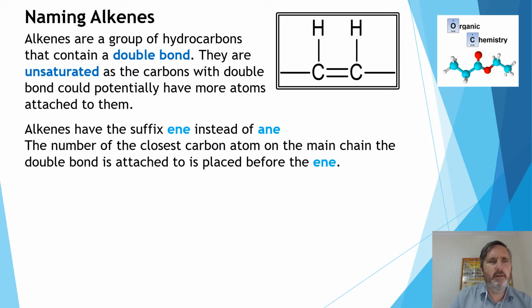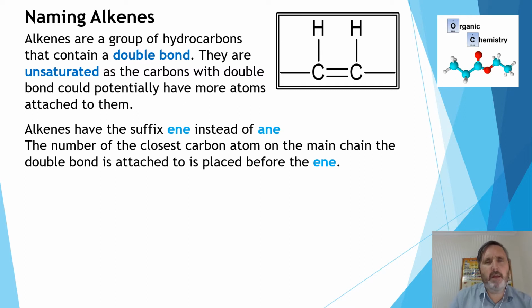Because of that, the molecule is commonly called unsaturated or classified as unsaturated. That is, more hydrogens could be added, so it isn't saturated with hydrogens yet. So this is called an unsaturated hydrocarbon because it contains only carbons and hydrogen, but it has a double bond.